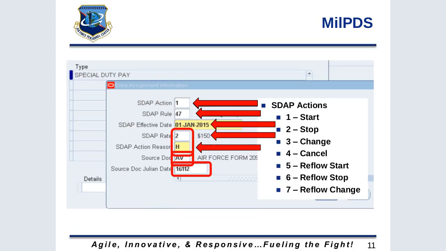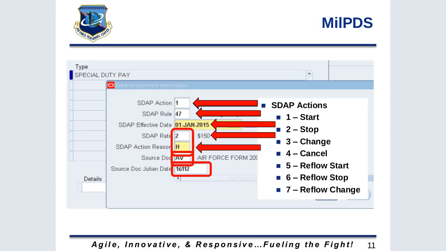The update begins with identifying which action is needed. First, determine which SDAP action applies to the transaction being accomplished. You can find the table and additional details in Section E, paragraph 13 of the SDAP PSD Guide. Please take special note of the reason and rate codes that pertain to each action code, as they are all related.